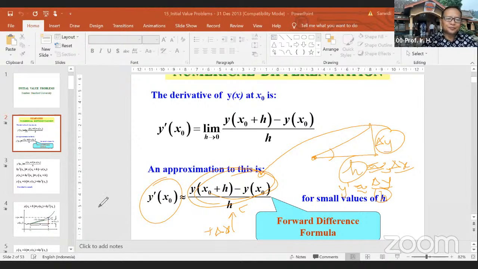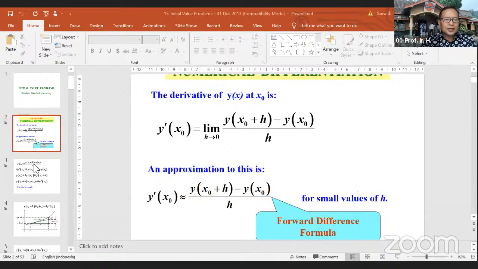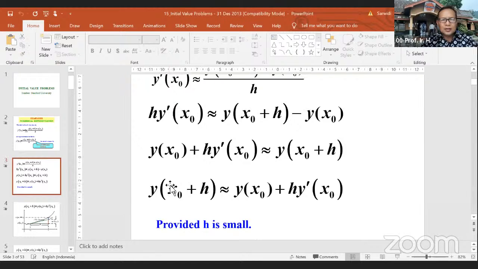Okay, and because the focus is to find y, the integration itself, we have to continue to the next page. The point of this procedure is to find this one. So how to solve, for example, here?